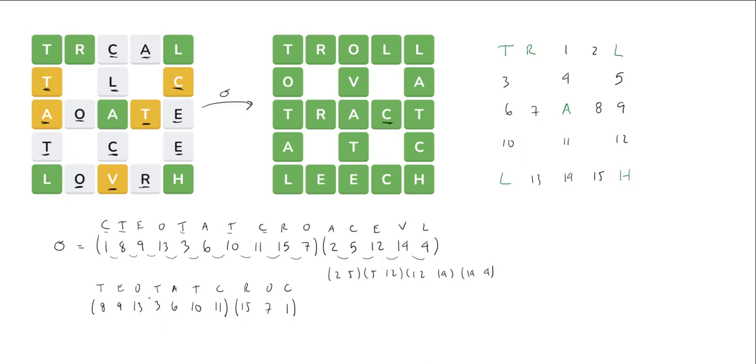E to 13, O to 3, T to 6, A to 10. Those should all be the same. T goes to 11, cool. Now where does C go? C goes back to 8, and that's where this C went. It's not the same C. This C, which looks like that C, was supposed to go to 15, but now it goes to 8. But that's okay because we do have a C going to 8, which we needed.